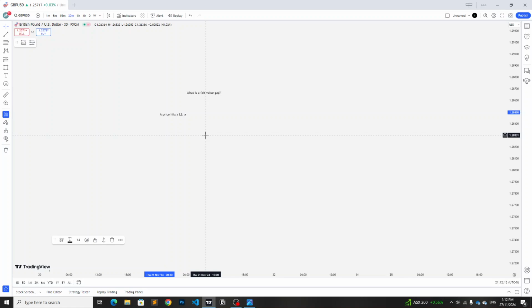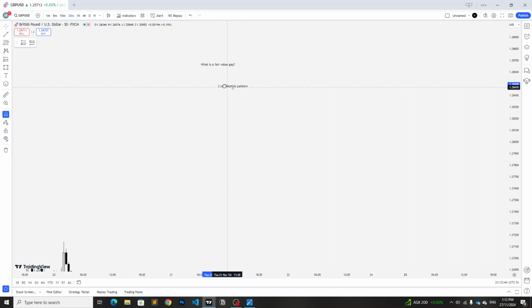So when there's a big move coming down and there's a big move going right after that, like an uptrend, there's a big gap created between the three candles. That is called the fair value gap. So it is a three candlestick pattern.